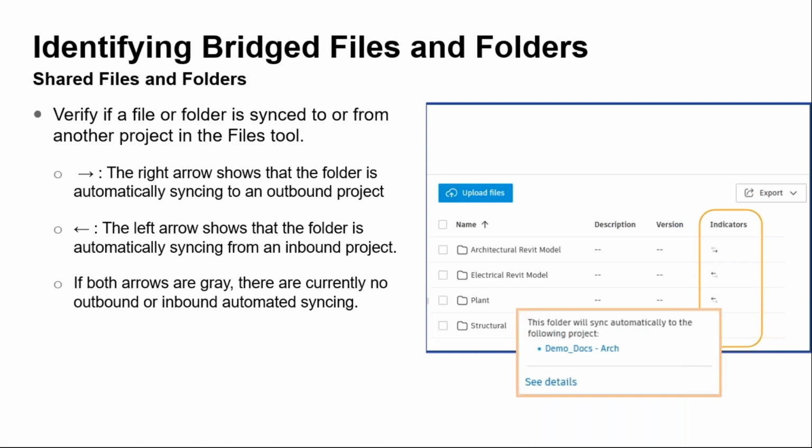If both arrows are grayed out, there are currently no active links. If you hover over the arrow, you can see what project is bridged. You can also click See Details to go to the Bridge tool for more information.